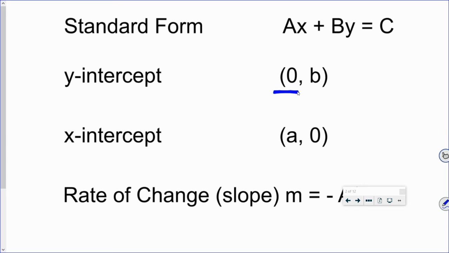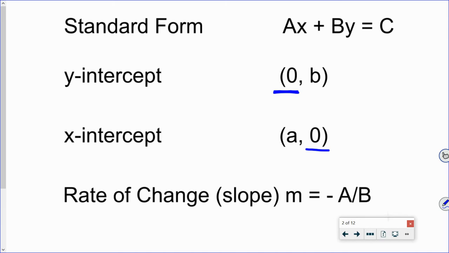In standard form, to find an x or y-intercept, we substitute a value of 0 for the other coordinate. If we're looking for the y-intercept, we'll put a 0 in for x, or if we're looking for the x-intercept, we'll put a 0 in for y. We can find those intercepts quite easily.